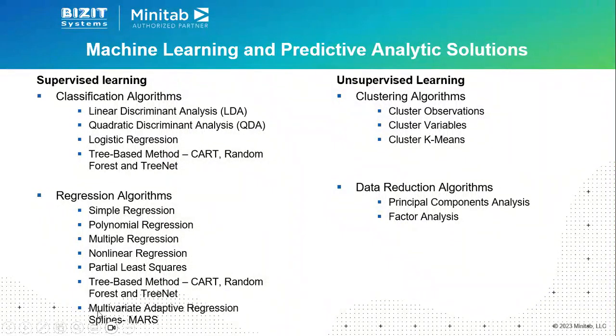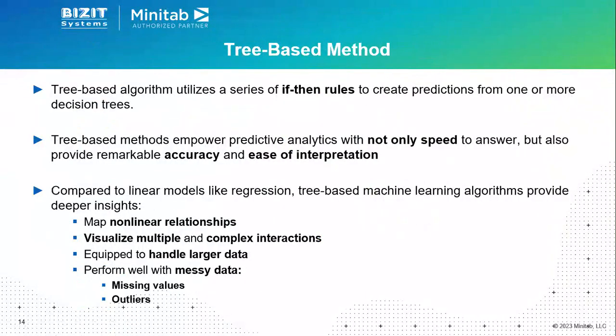The new addition is multivariate adaptive regression splines, or we call it MARS. The tree-based methods include CART, random forest, and TreeNet, available for boosting supervised learning, whether it's classification or regression. We will go deeper after this. All these are available in Minitab statistical software. So we go for the tree-based method.